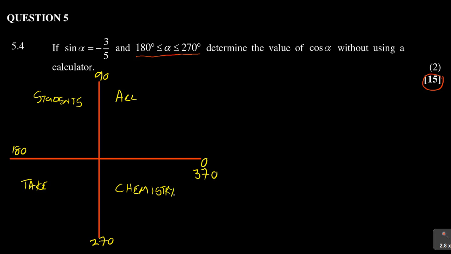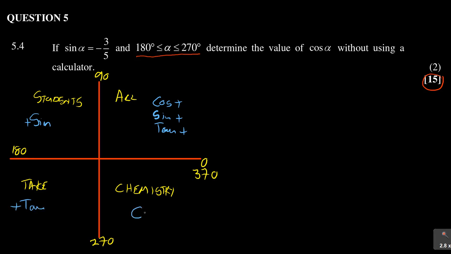So what does this mean? All means cos, sin, and tan, because these are the three. All of them are positive. Now students stands for S, which is sin, the only one that is positive, and then take stands for T, tan, the only one that is positive.